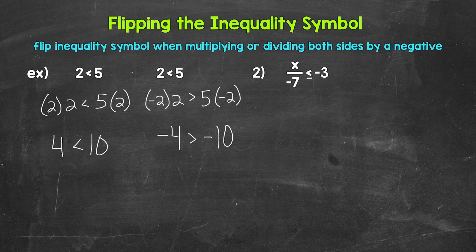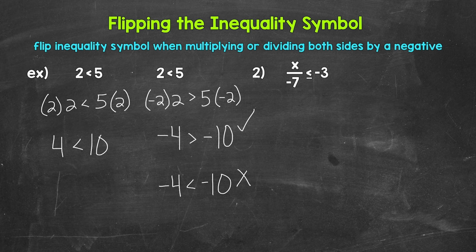Now, what if that inequality symbol was not flipped? We would have negative 4 is less than negative 10. That inequality is not true. When we flipped the inequality symbol, that was true. Now let's apply this to number 2 that we already solved. We have x divided by negative 7 is less than or equal to negative 3.